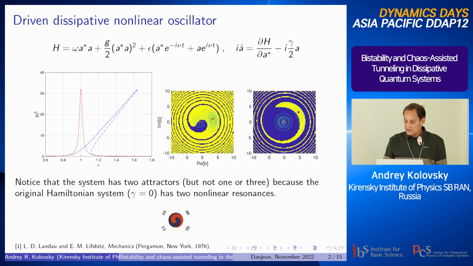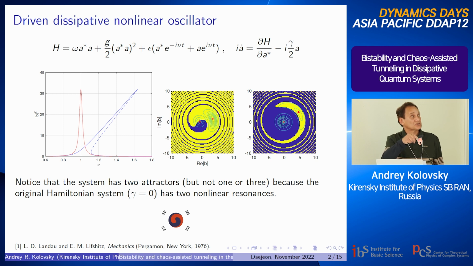And the point is that, unlike the linear dissipative oscillator, this red curve shows the amplitude of the oscillator as a function of the driving frequency. A nonlinear oscillator may show bistability, which means that at some values of the driving frequency, like here, you have two solutions of this Hamiltonian equation of motion plus friction.